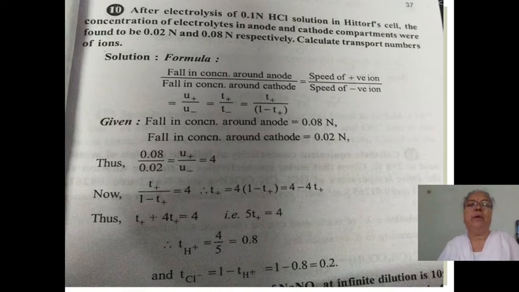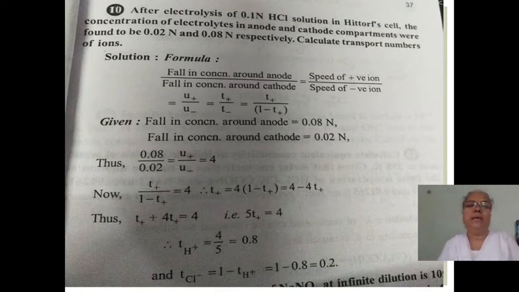Then you have learned in detail what is the transport number, what is the migration of ions, then determination of transport number. For your study there are two methods for the determination of transport number.